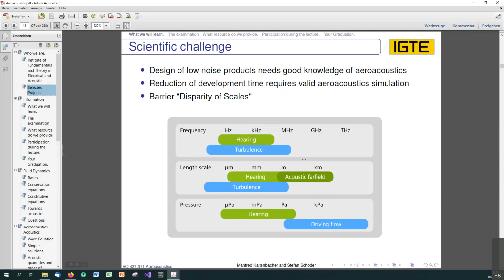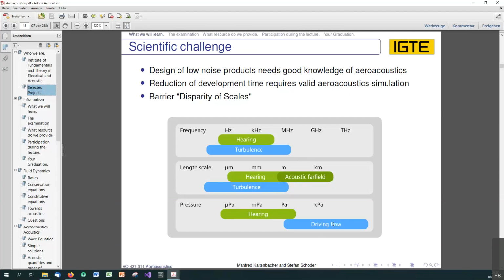And that's a pretty big challenge. That's the same for the pressure as a synonym for the energy. The energy in the acoustical spectrum is very low, but the driving force of the flow is very high.